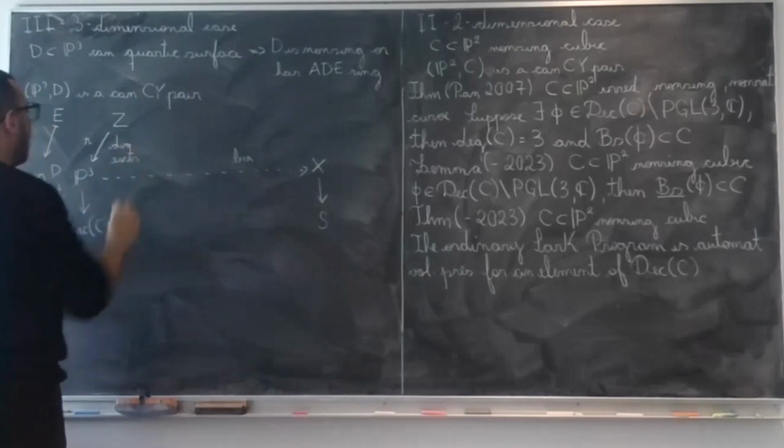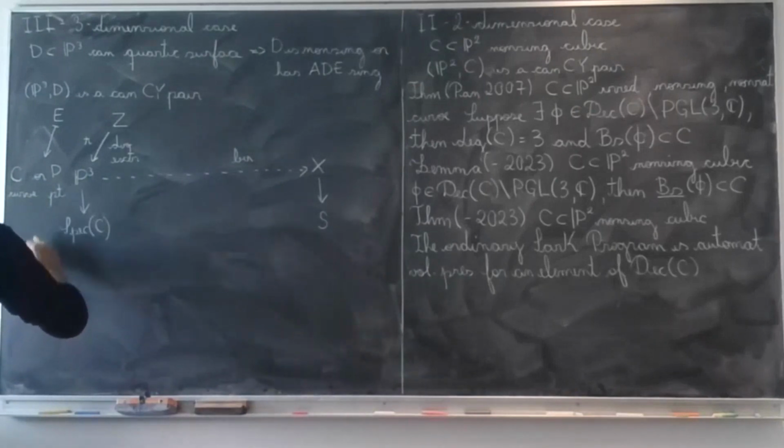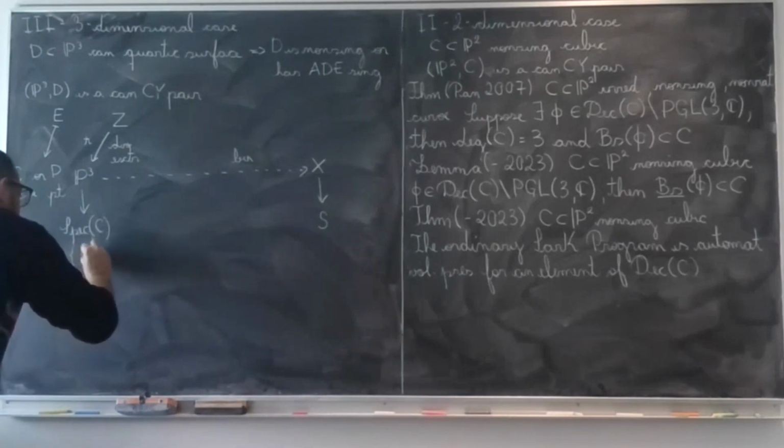In the case where the center of this divisorial extraction is a point, this means that pi of E is equal to P.